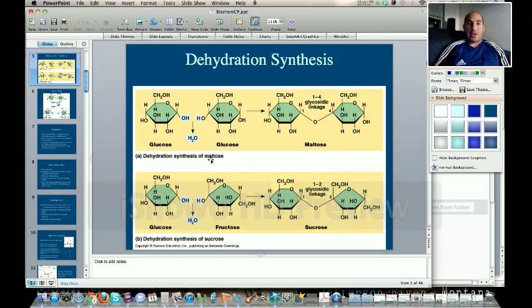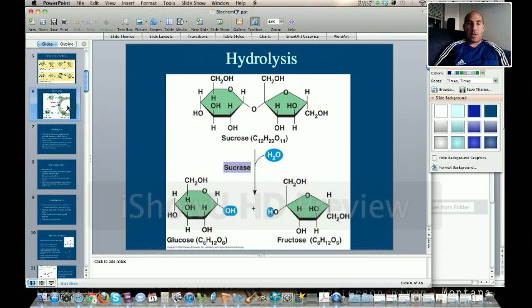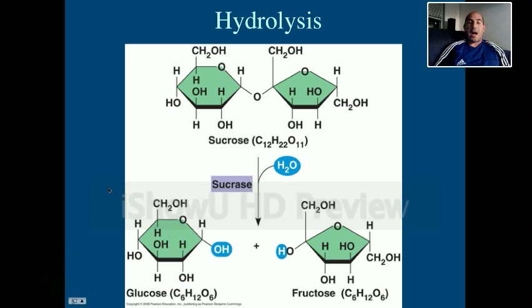In a similar reaction, we can reverse it by doing a process called hydrolysis. Hydro means water. So through hydrolysis, we can add water and actually split up a larger molecule into two smaller ones.